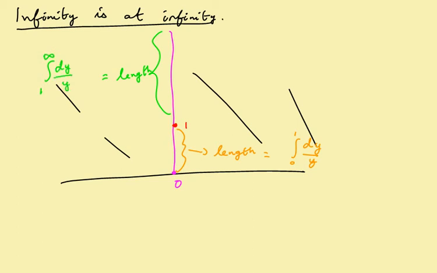Well, what are these lengths? In both cases it's log y. In one case evaluated from 0 to infinity, so we get a term which is log of minus infinity. This is infinite. And in the other case, okay, you get again log y evaluated from 1 to infinity, but this is infinite.